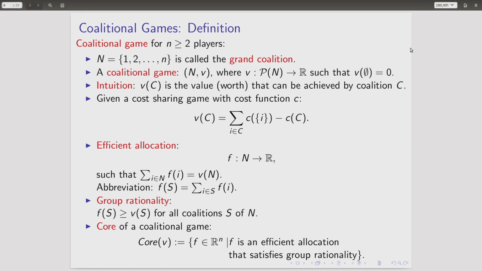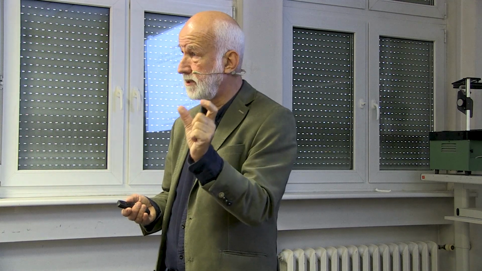We first check how much each of these participants has to pay separately, and we deduct from it the cost of this coalition itself. The intuition is that this is the gain which coalition C can achieve if they act together. Because if they act separately, it is this first term. And if they act together, it's the other one. So the difference is how much they can gain.